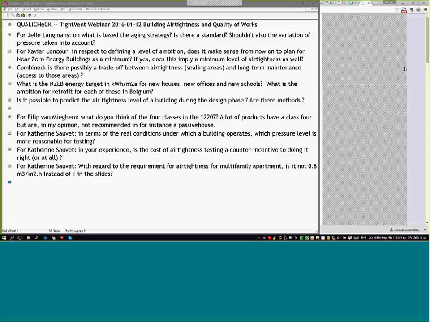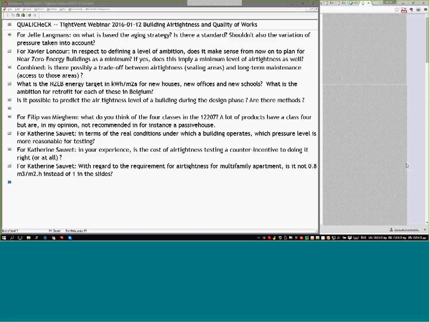I give an example. If you are a building constructor, or builder, sorry, you have the possibility to pass an exam, for example, and if you realize a certain number of houses with good airtightness performances, you have a special qualification, in fact, and you are able to reach the 0.8 because you have a special quality approach.